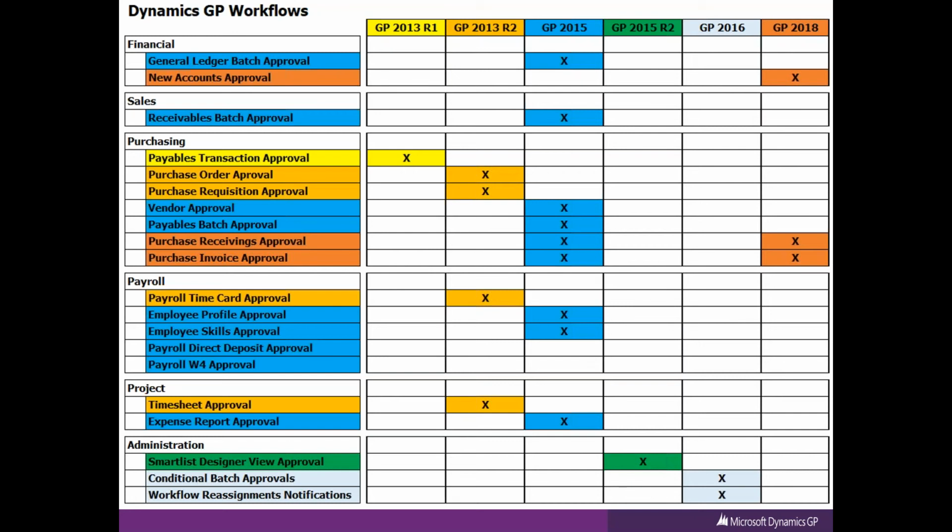And then over on the right-hand side, the following columns will indicate which GP version that particular workflow was initially released. Obviously, if you're in GP 2018, you have all of the workflows in your system. If you're back on GP 2013 R2, you only have 5 workflows currently available inside your system.